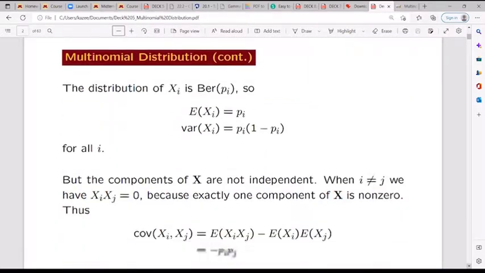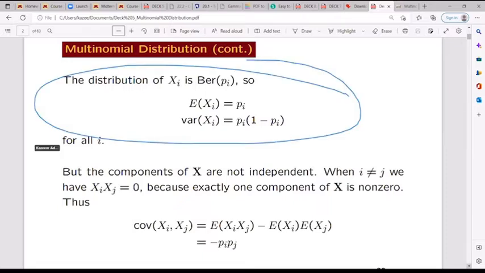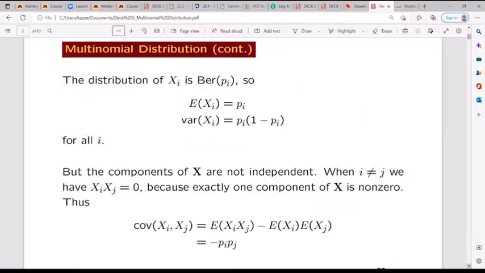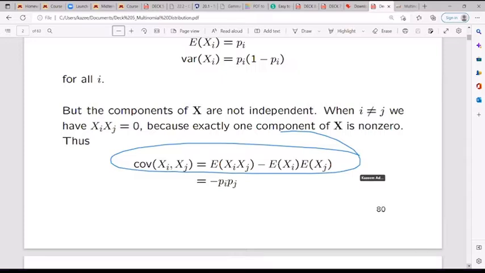Okay, so I just want to return to Bernoulli, with xi following Bernoulli distribution with the parameter pi. The expected value of xi equals pi, and the variance of xi equals pi times 1 minus pi. You know this from Bernoulli distribution. And if I want to find the covariance, the formula for covariance is equal to that.